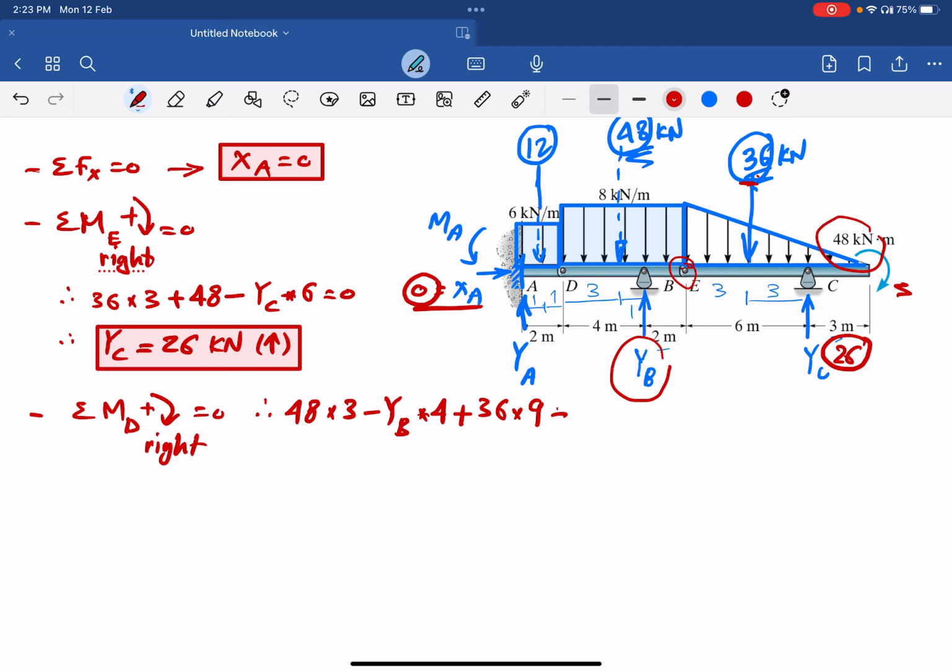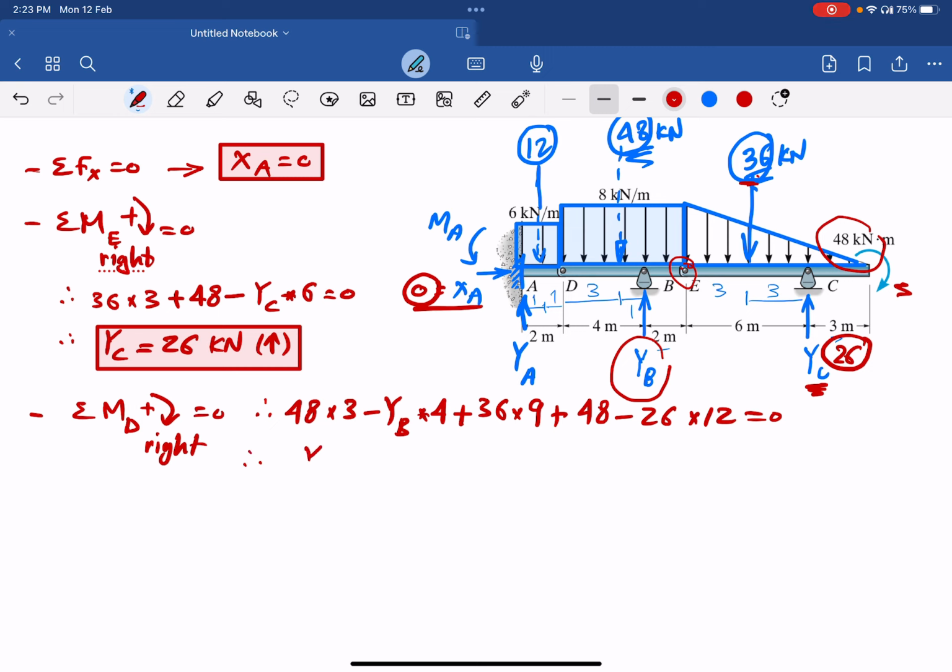This is again, so plus 48. This is a moment, not multiplied by any value. Then again, minus YC times its distance, YC times this distance until this point. So here you have 6 plus 6 equals 12 meters. So it will be minus 26, which is the YC, times 12, all equals to 0.